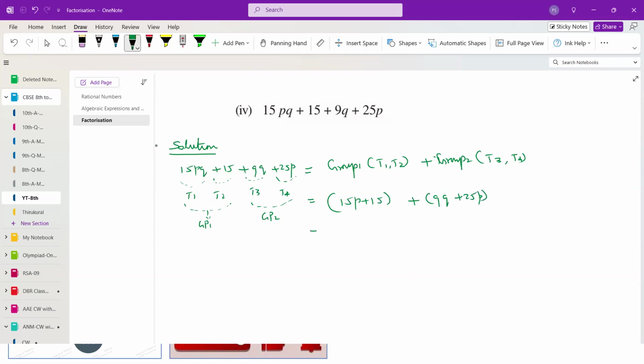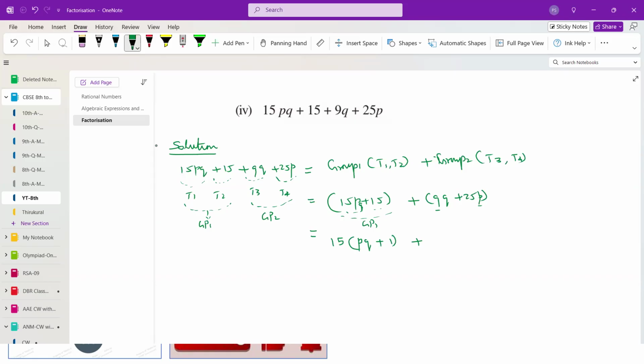What is the common factor in group 1? The common factor between T1 and T2 is 15. We bring it outside and the balance is pq plus 1. Plus, here whatever is the common factor.